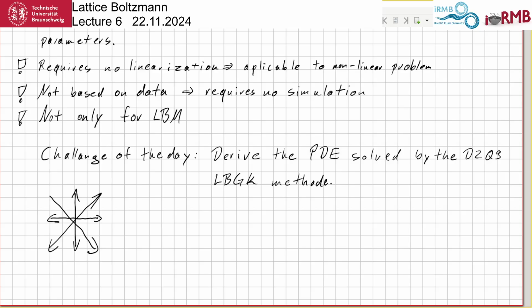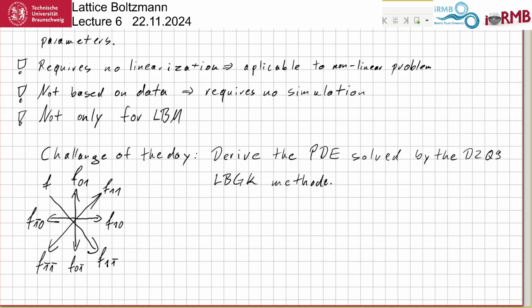So this is the lattice, and I remind you of our nomenclature with the Miller indices. We have here the population F01. Here we have 0, -1. Here we have 1, 0. Here we have F -1, 0. And then we have here 1, 1, -1, -1. We have here 1, -1.